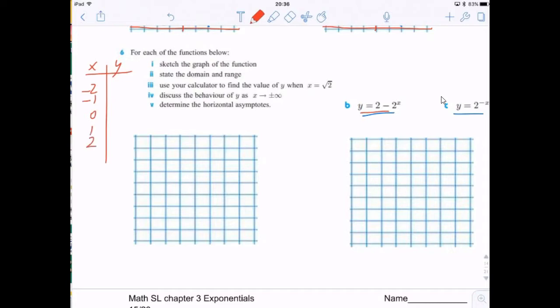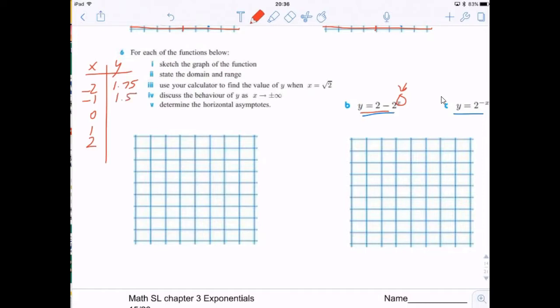0, 1, and 2. So if I put -2 in there, I'm going to get 2 minus 2 to the -2. 2 to the -2 is 1/4. 2 minus 1/4 is 1.75. If I put -1 in there, I'm going to get 2 minus 2 to the -1, which is 2 minus 1/2. That's 1.5.